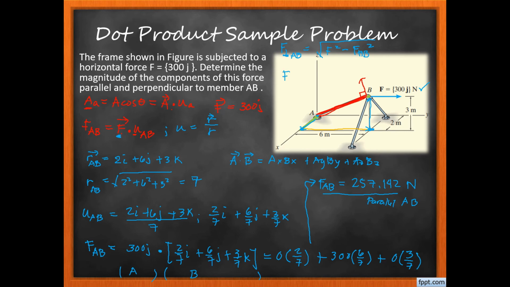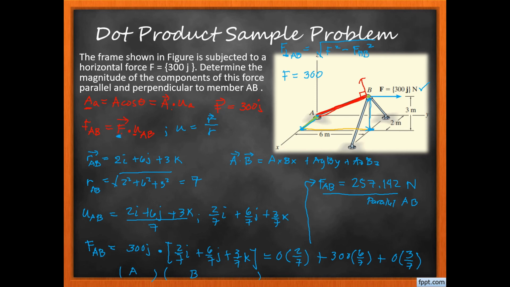Yung F natin in scalar form is equals to 300 square, tapos square root nun, malamang 300 pa rin. And then yung ating FAB is 257.142.